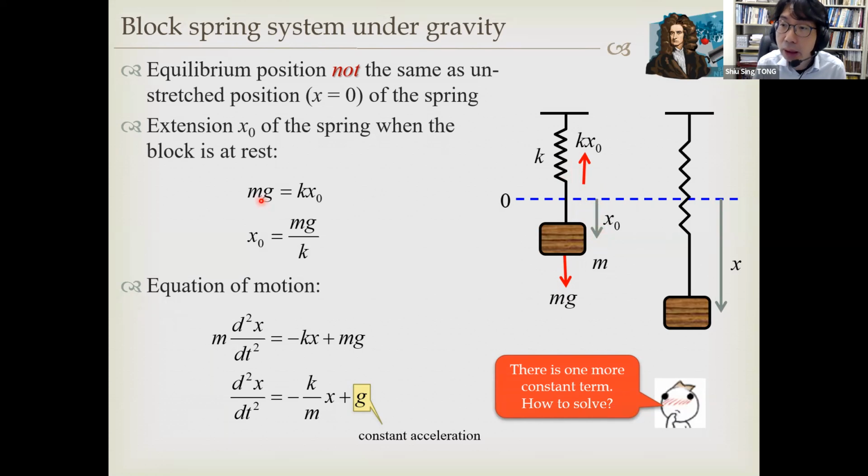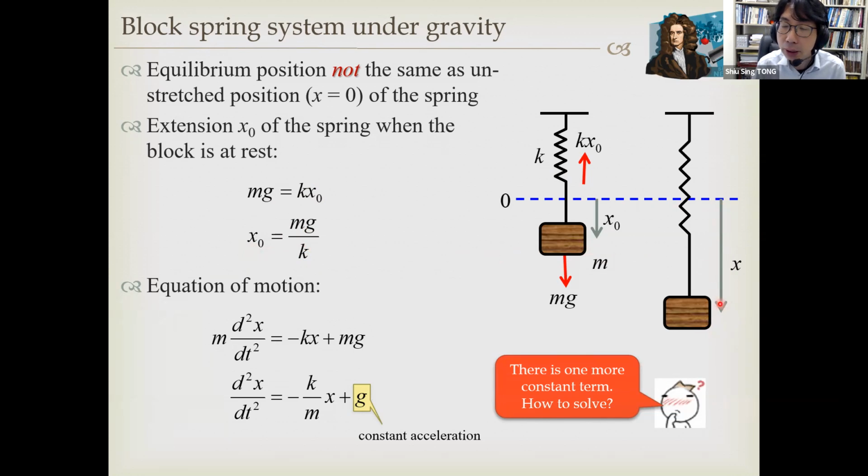So the weight of the mass is balanced by the force of the spring, which is kx0, because the spring has now extended an amount x0. So I solve for x0: x0 is equal to mg over k.